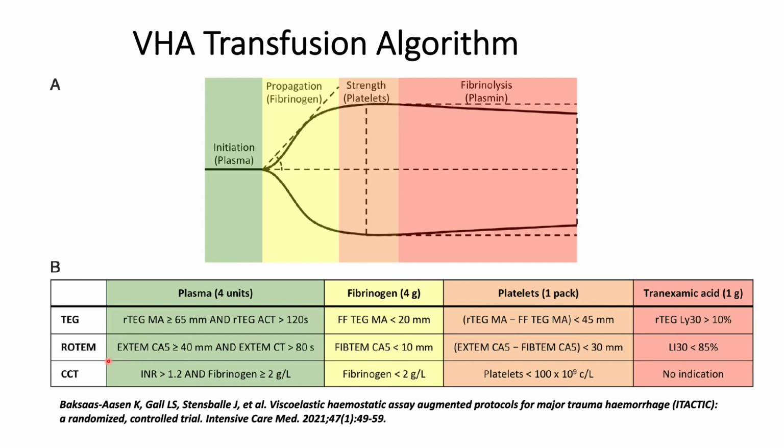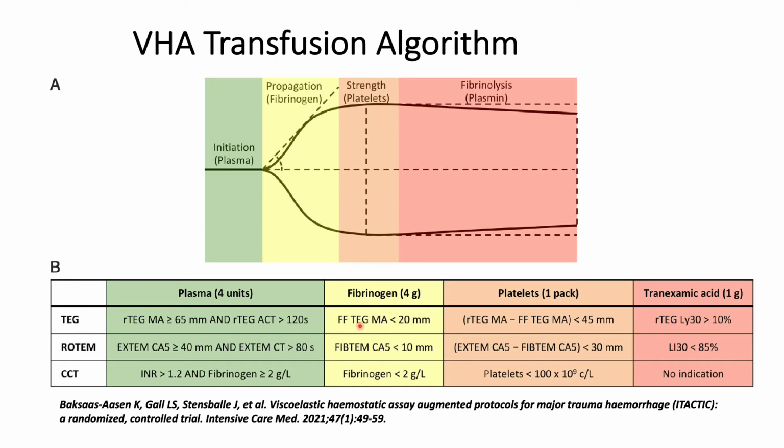For example, let's say we take the ROTEM results here. If these values are more than the numbers mentioned, it means that there's a problem with clot initiation or clot formation. This patient should be given 4 units of FFP. Next, if the CA5 is less than 10 mm, it means that there's a problem with clot kinetics.